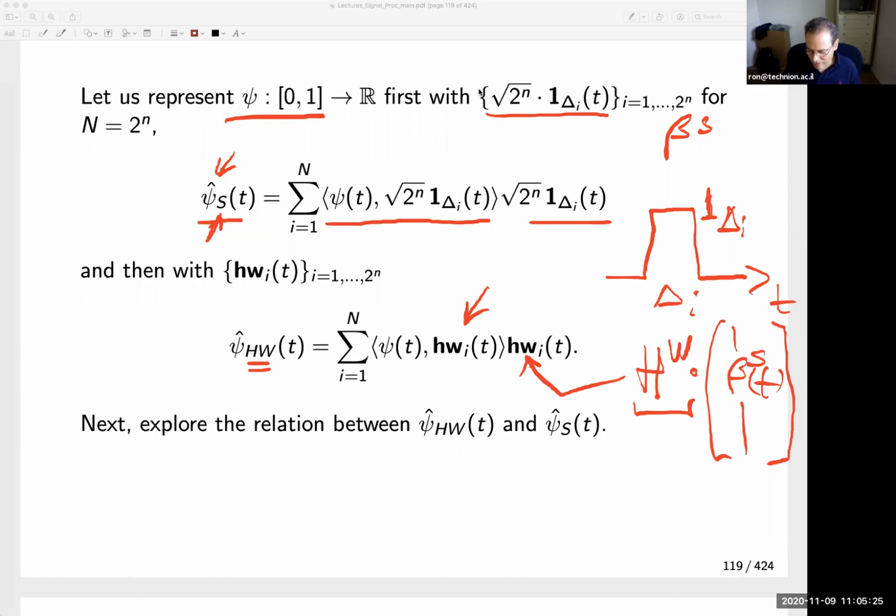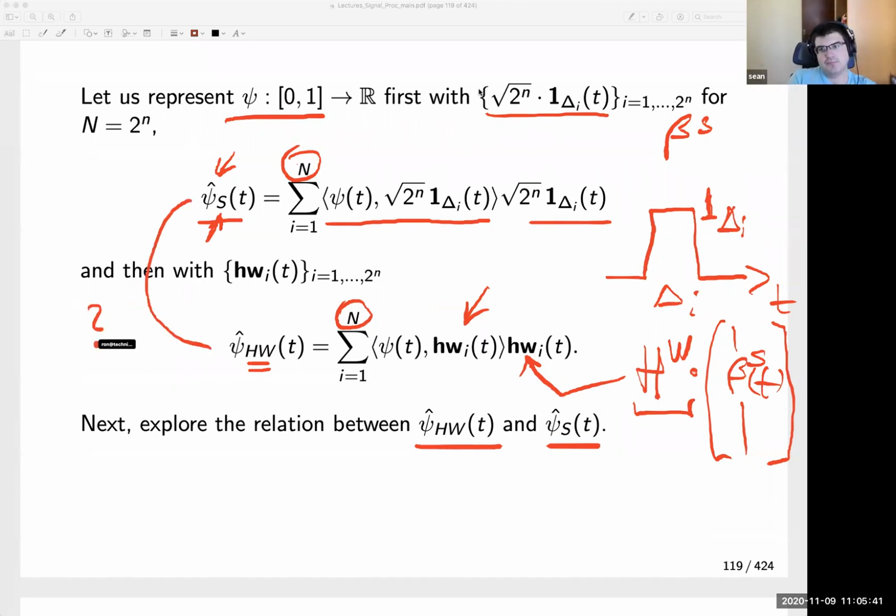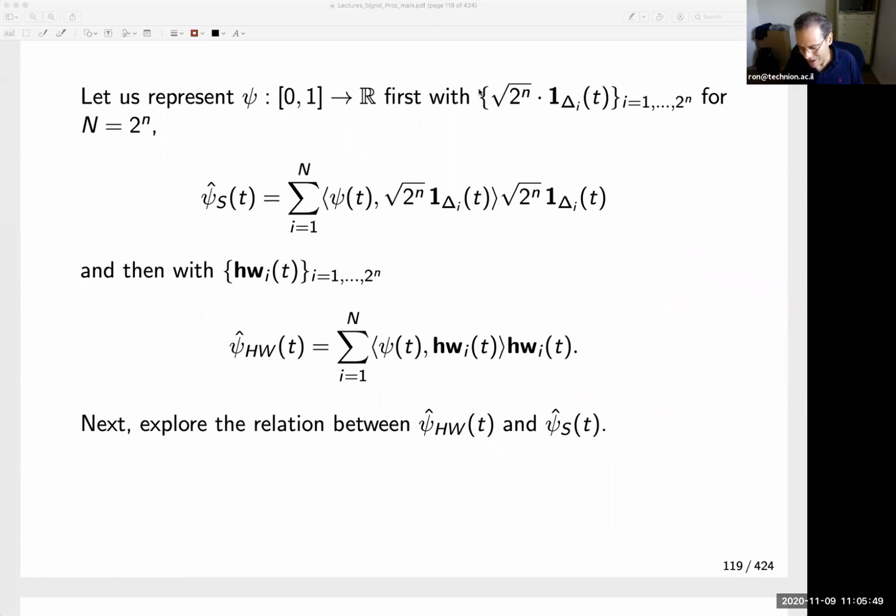Now, the question is, what is the relation between these two? What would be the error if we chose capital N to be here? What would be the difference between these two functions? Zero. Okay, thank you. So if I'm taking all of them, there would be no change whatsoever between the two functions. But the game would become interesting when I would start limiting n to a smaller number.